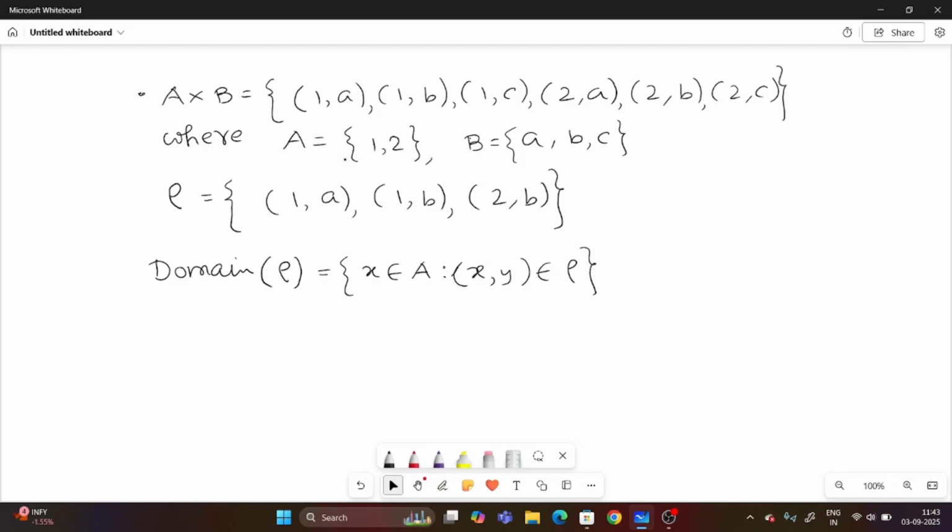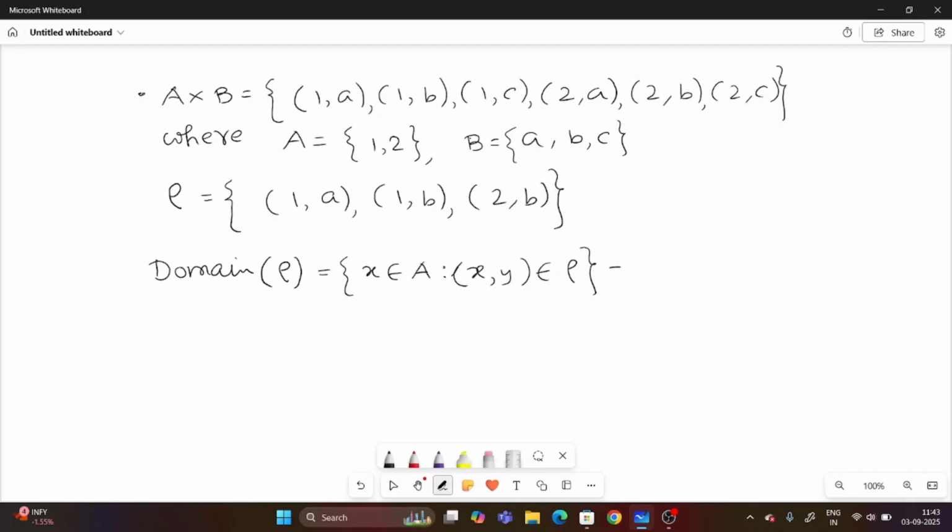That means if an ordered pair belongs to the relation, then its x component, that means first component, will belong to the domain of the relation. So domain is the collection of all x components.